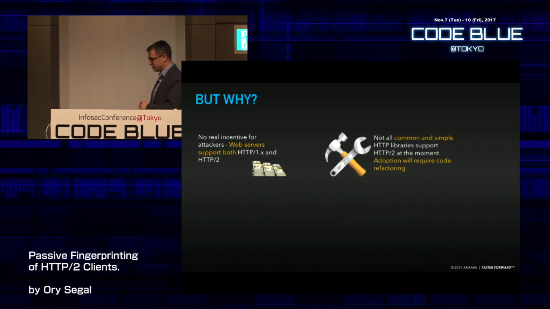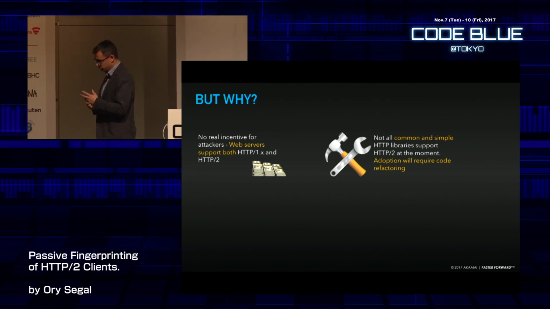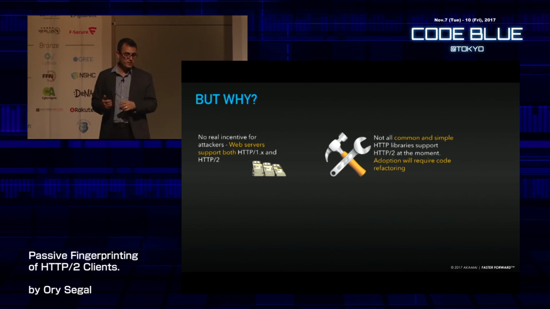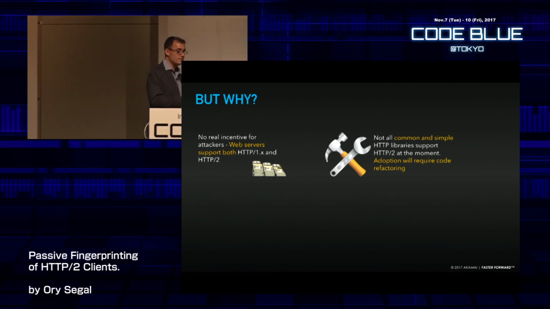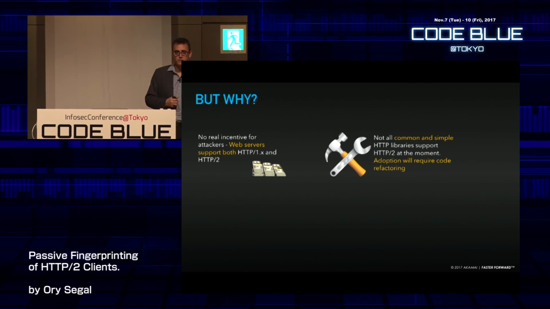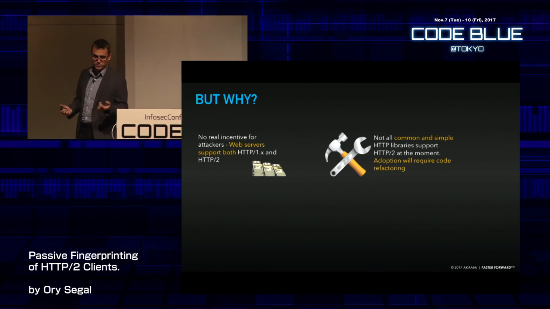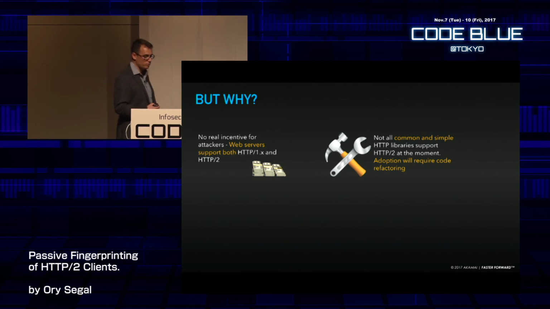The other problem is the support of libraries. There are more than a few libraries that support HTTP2. However, they are not the normal, common, prevalent libraries that we see for people who write tools that use HTTP. So urllib in Python, which I personally use, or libwww in Perl, etc. They don't support HTTP2.